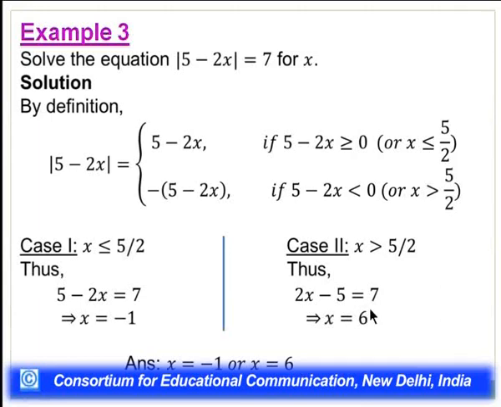Let us put that equal to 7. Now solving for x, I'll add 5 to both sides, and I get 2x is equal to 12, or x is equal to 6. And finally, combining both these cases, I get my solution that x equal to minus 1 or x equal to 6 will solve the equation absolute value of 5 minus 2x equal to 7.